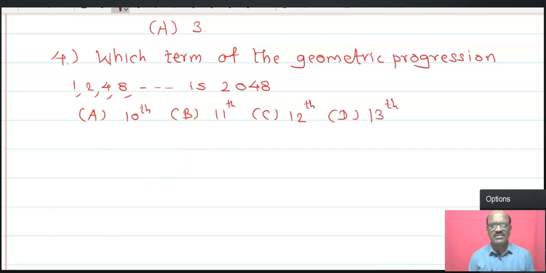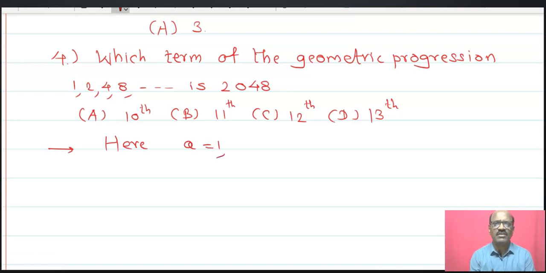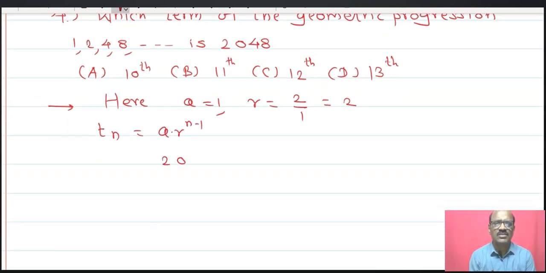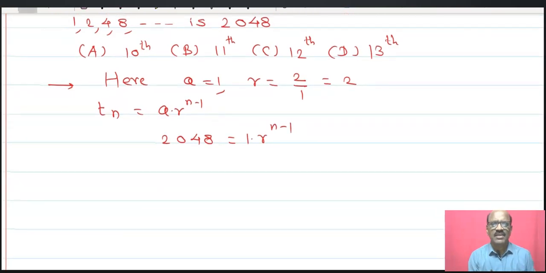Now see this here. We will apply the formula for a is equal to 1, r is equal to 2 upon 1, Tn is equal to a into r raised to n minus 1. Therefore 2048 is equal to 1 into r raised to n minus 1. Here we have used the formula and substituted these values.